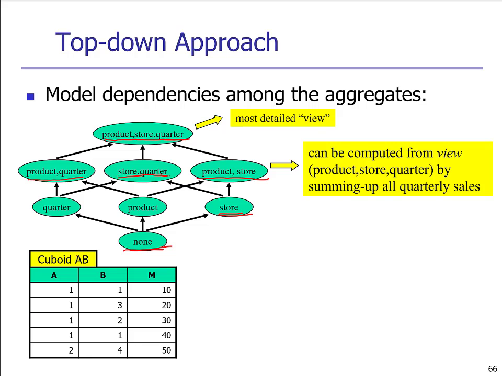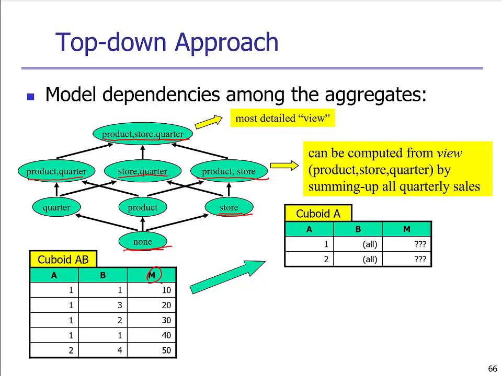Again, let's use this 2D example. This one has 2 dimensions, A and B, where M is the measure. As a top-down approach, this is what we have initially, and we will compute for each A the total sales.